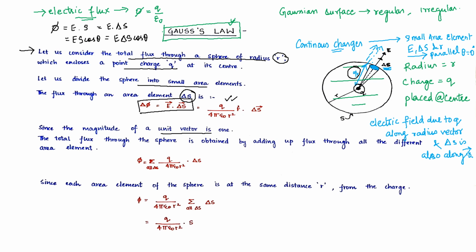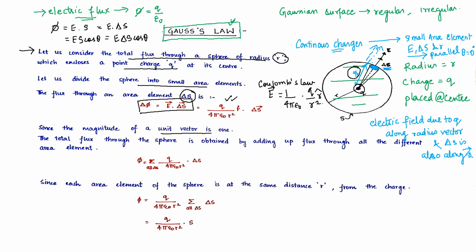With the help of Coulomb's law, we found out the value of E. What is it? It is 1 by 4 pi epsilon naught into Q upon R square. In the vector form, we have to add R cap. R cap is a directional vector or a unit vector with magnitude 1, but it provides us direction. For defining the direction for this magnitude, we use our unit vector, that is R cap.